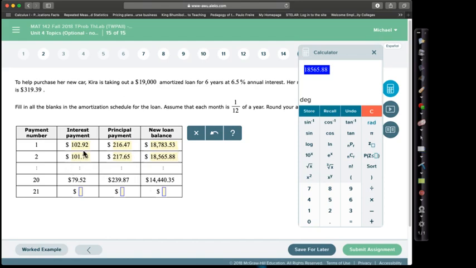If you run all the rest and get down to month 20, you could figure out month 21 based upon what happened in month 20.